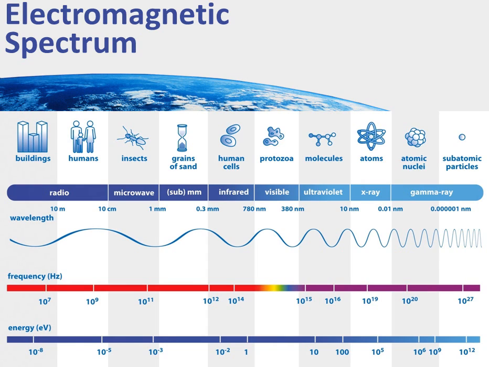This is just a picture I pulled off the web that illustrates the electromagnetic spectrum, and along the top there are some examples of the scale of the wavelengths and frequencies along the electromagnetic spectrum. The things we're most familiar with, of course, are the visible portions of the spectrum, the reds, greens, and blues.